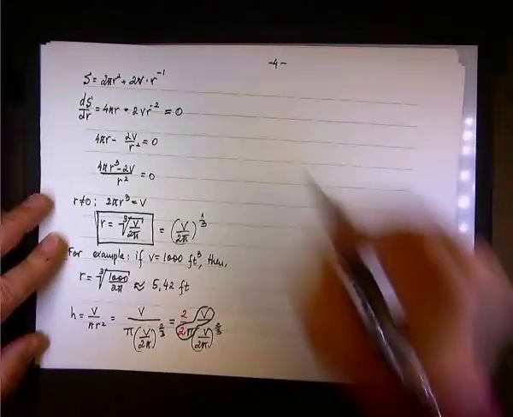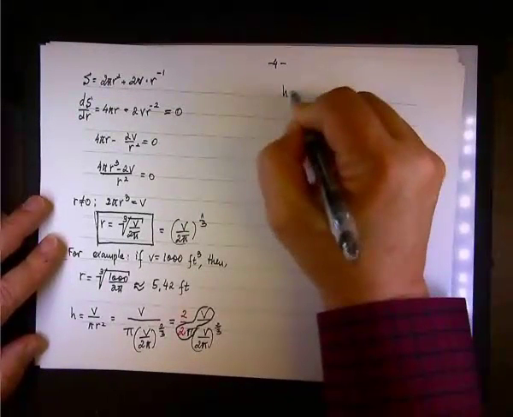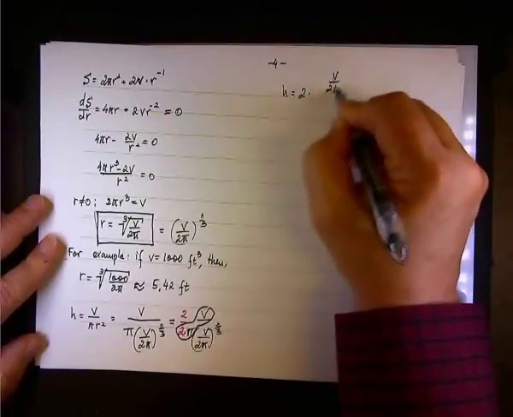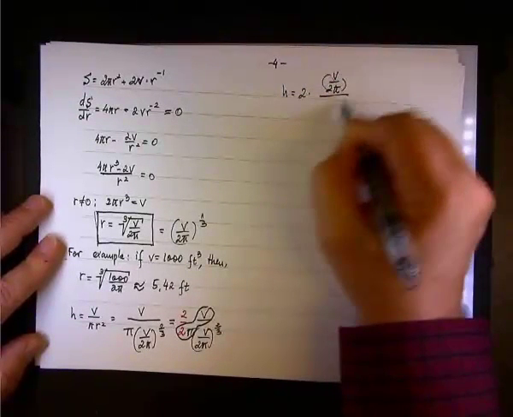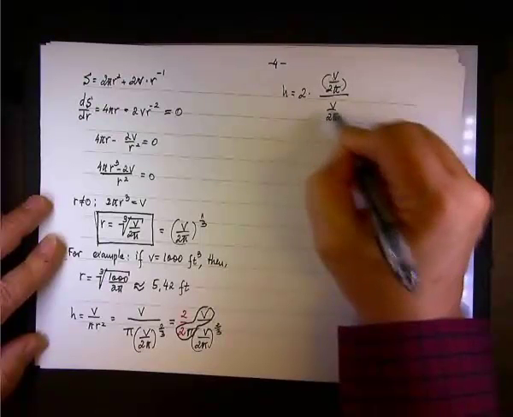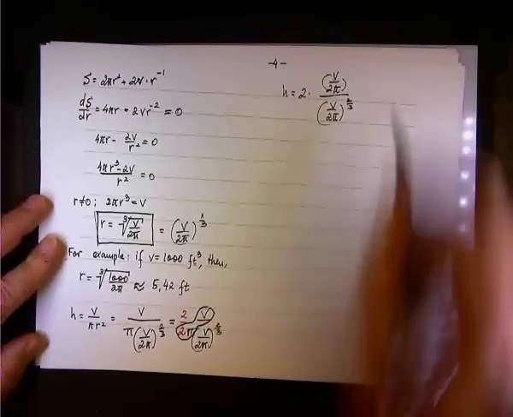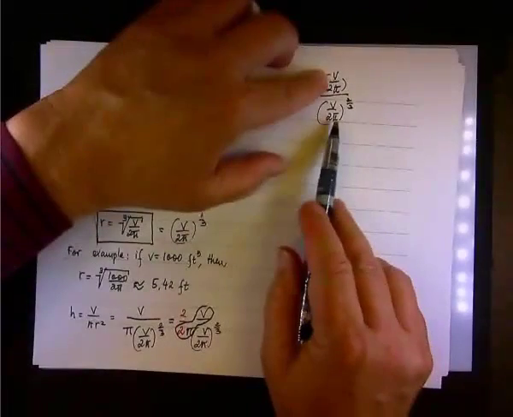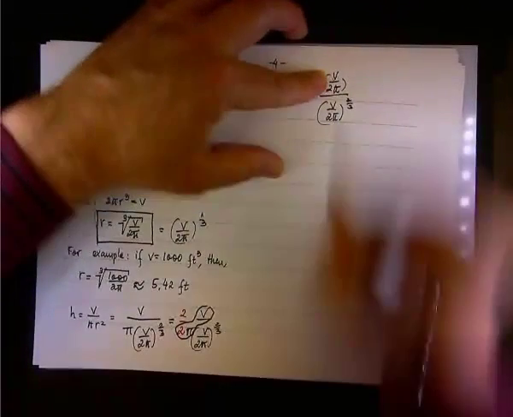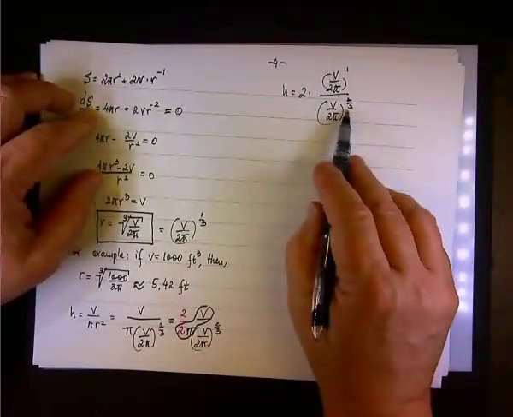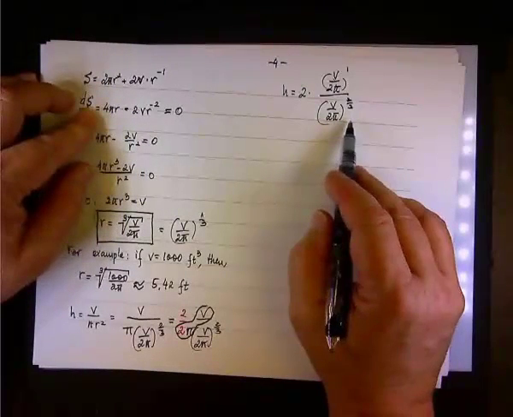I'm going to write it as H equals 2, and on top I have V divided by 2 pi, and at the bottom I have V divided by 2 pi to the 2/3. What happens if we divide exponents? This is V divided by 2 pi to the power of 1, and I'm dividing by the same thing raised to the power of 2/3.